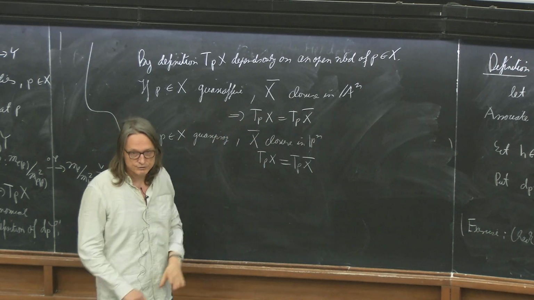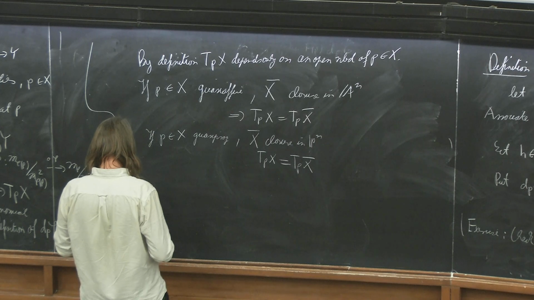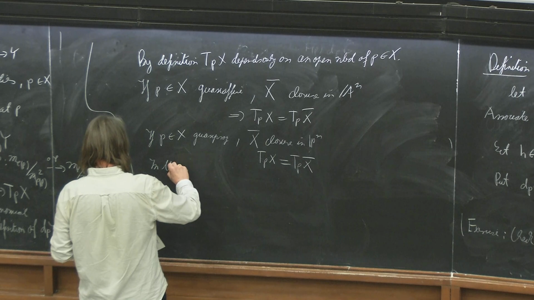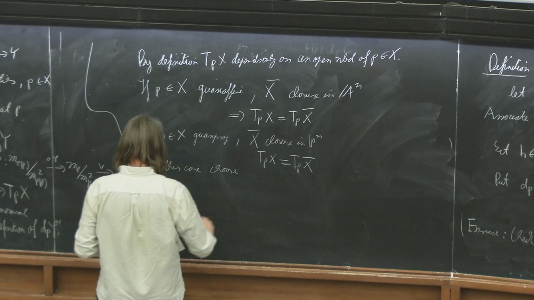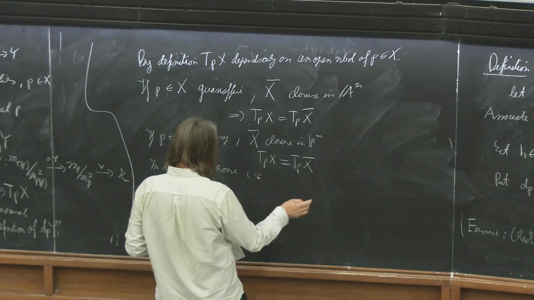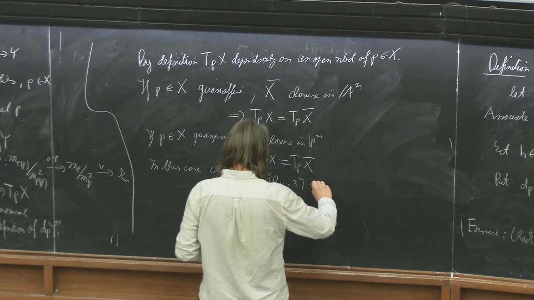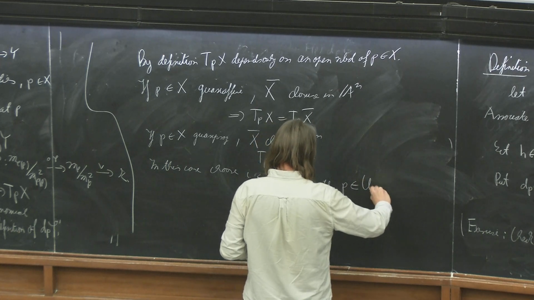So we can always reduce to the affine case. So in this case, choose an i in 0 to n with P lying in U_i.